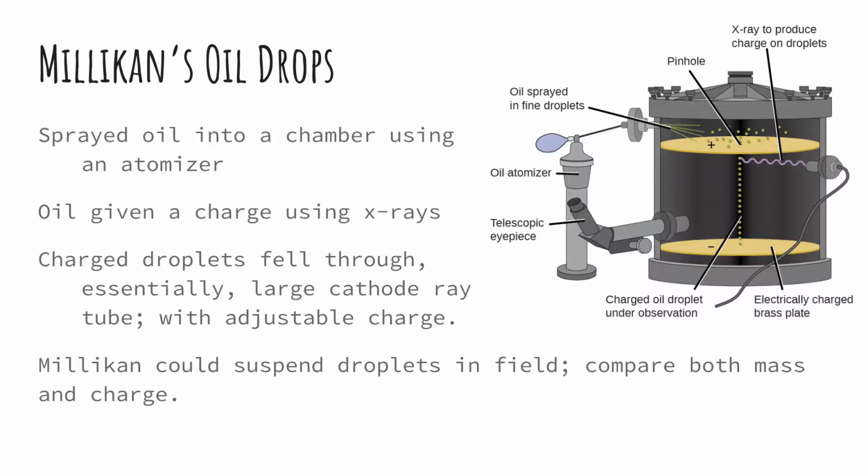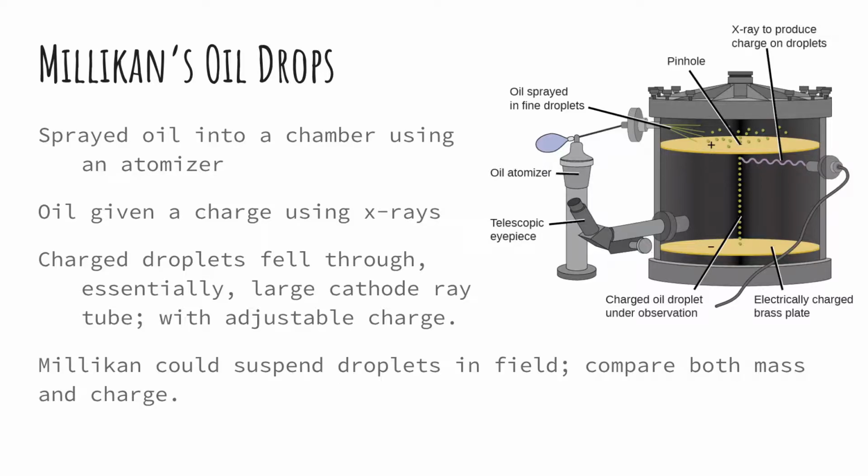And that's how Millikan was able to determine what the charge on the electron was. Because he could actually measure the mass of the individual oil droplets, and he could measure the charge on the lower plate. So when the oil droplet was perfectly suspended, he knew that he was imparting equal and opposite charge.